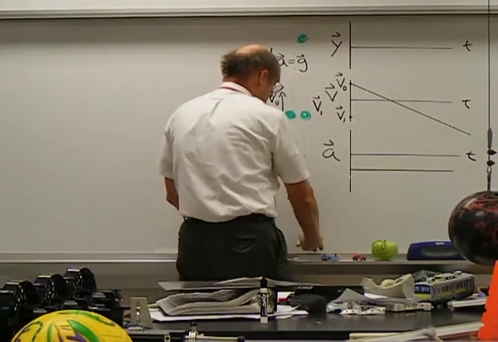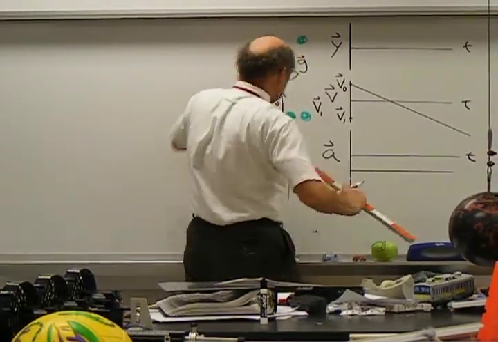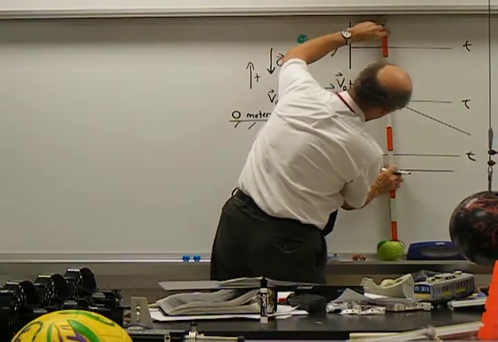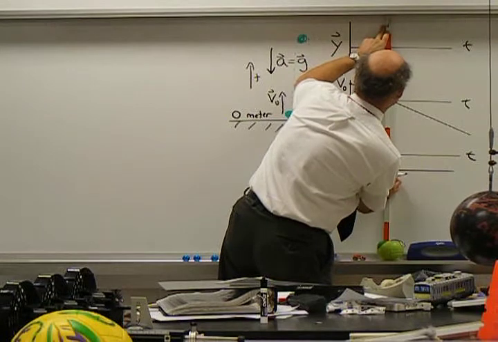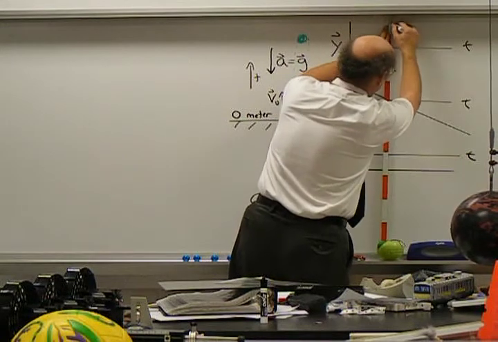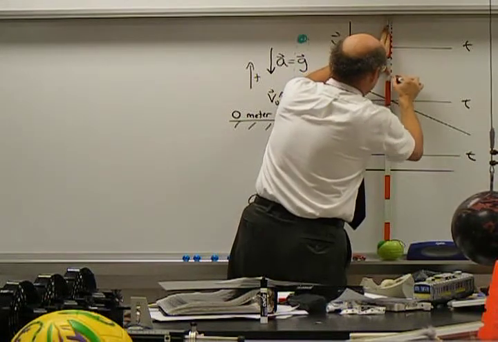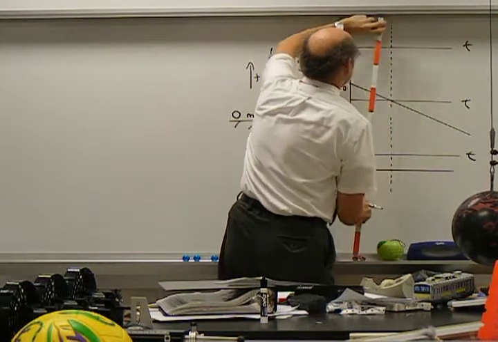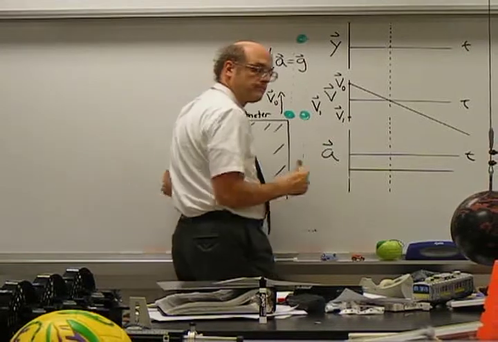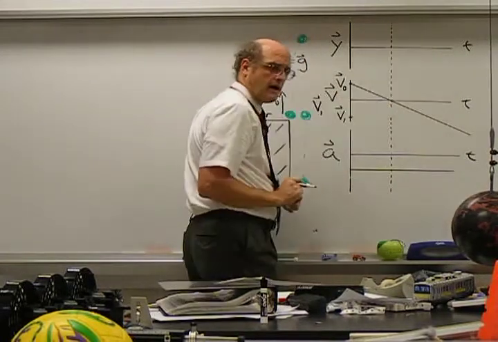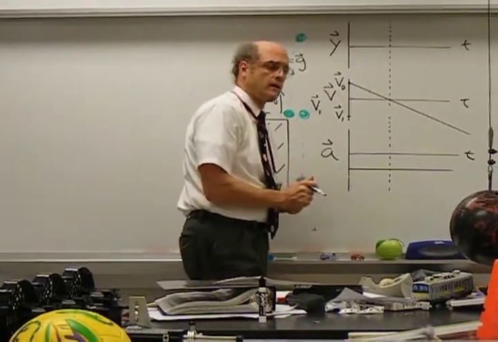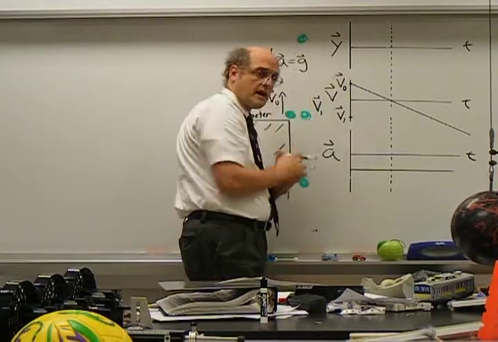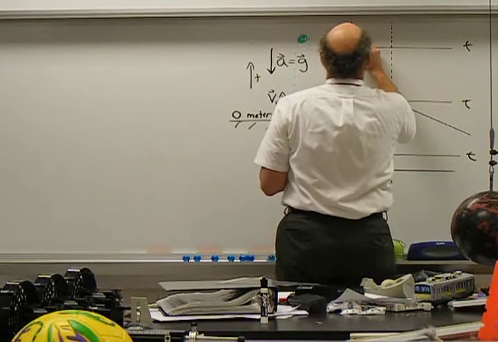Now the position versus time graph, to draw that, what I want to do is draw a dotted line right through the time when the ball is at its highest point, because the position versus time curve is a parabola, and I want it to flatten out at the top, right? Because the slope of a position versus time curve gives you the velocity, and the ball is at rest at the tippity top.